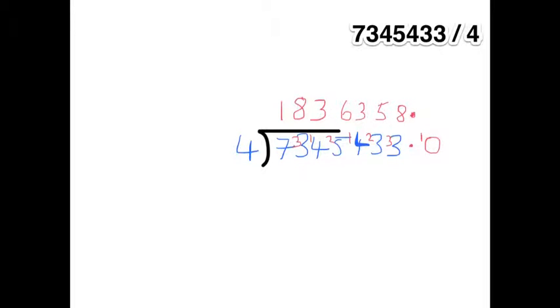I know 2 times 4 equals 8, and that leaves a remainder of 2, so I put the 2 there, and again I'm going to need another 0 placing in. Now, how many 4's go into 20? Well, I know 5 times 4 is 20, so I put my 5 in there, and there we have it, the answer as a decimal.